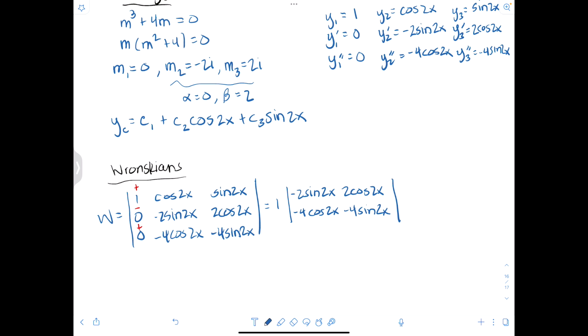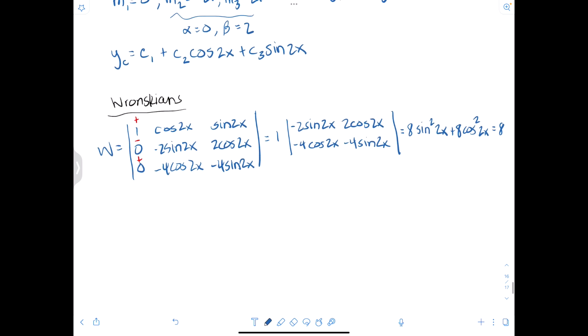So now this is going to end up being 8 sine squared 2x plus 8 cosine squared 2x. You factor out an 8, you'll just get 8 times 1. So this is just 8.